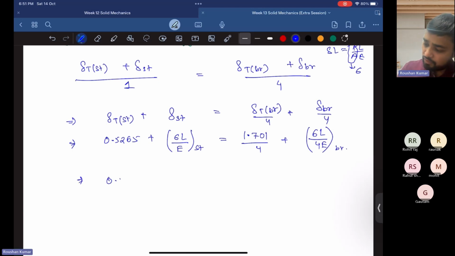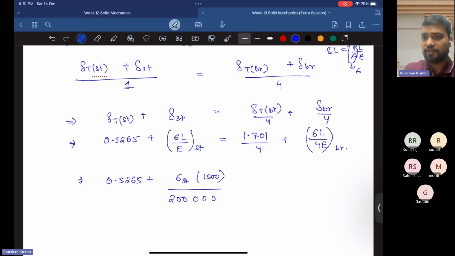Now we are calculating this: 0.5265 plus sigma of steel times the length of the steel bar, 50 mm, upon E, which is 200 gigapascal, that is 200 times 10 to the power 3, because we are converting all the units into megapascal, that is Newton per mm square.